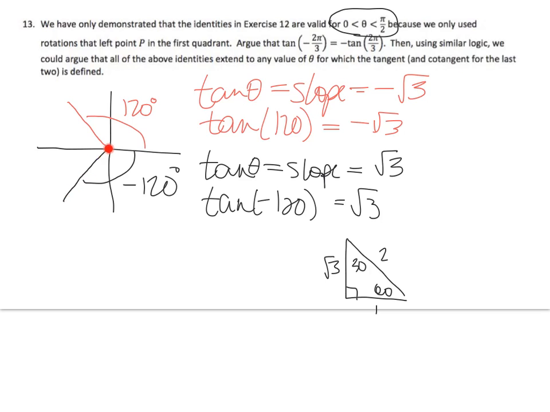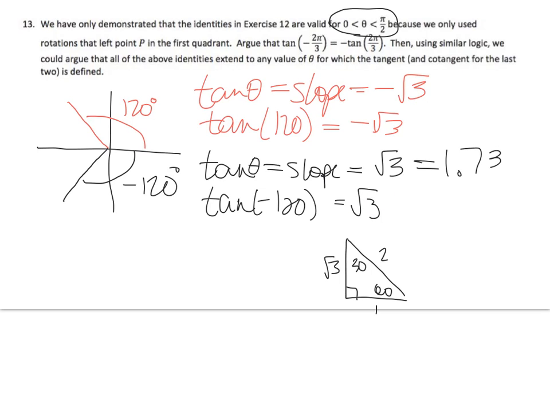So here is my terminal ray. For this particular degree, I have tan of theta. I'm looking at my slope is the square root of 3, which is about 1.7. Therefore, I can say the tan of negative 2 pi over 3 equals positive square root of 3.